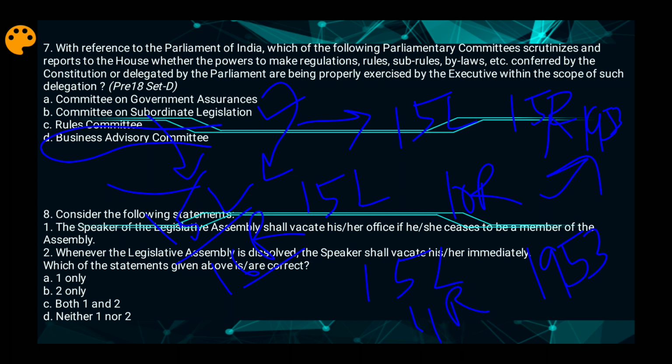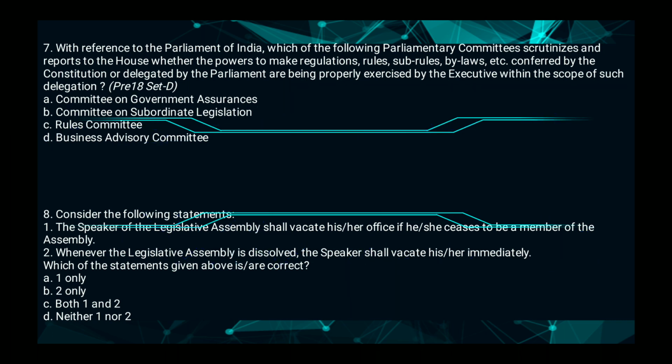Again, in the Lok Sabha, the Speaker will be ex officio chairman, and the 15 members include the Speaker, not exclude. Next, among the 11 members in Rajya Sabha, the Vice President of India, the chairman of Rajya Sabha, is also included. So we have discussed the strength also.